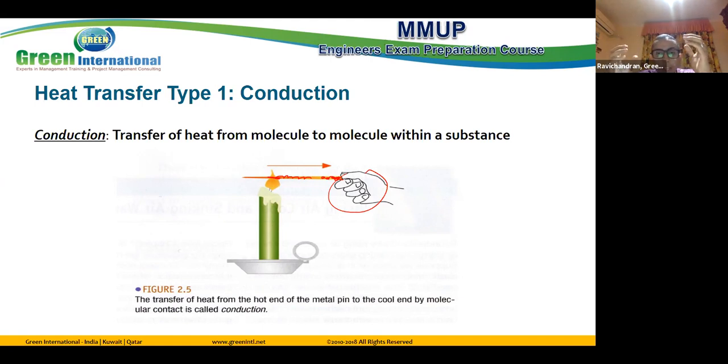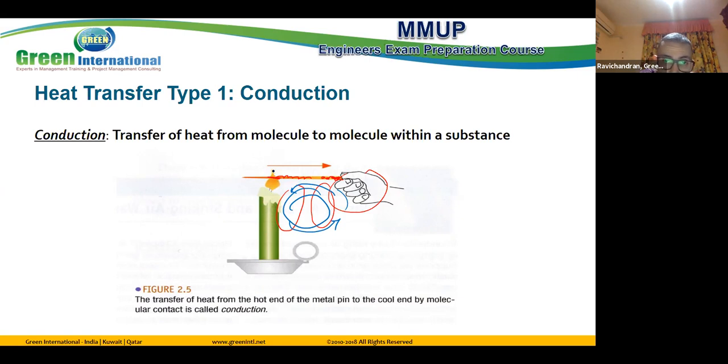The cold goes in place of the hot, and the hot becomes cold. The cold is now in contact with the hot surface, becomes hot, and so on. So this part of the air is hot, this part is cold. After some time this one goes here and this one goes there. Circulation happens. If this air is hot and contacts your hand, you feel something hot. But convection has a very small effect here compared to conduction.